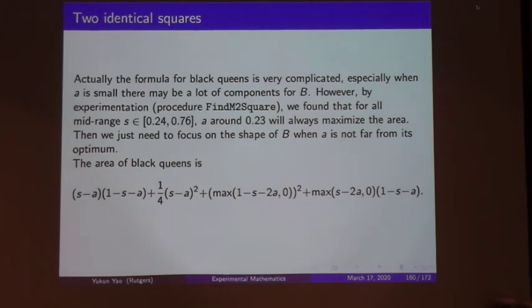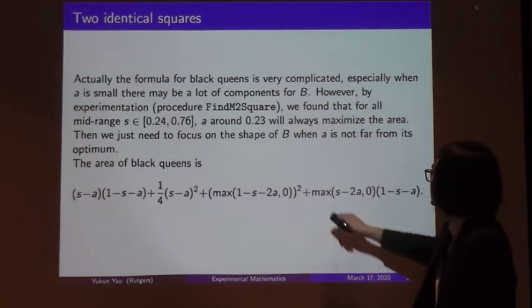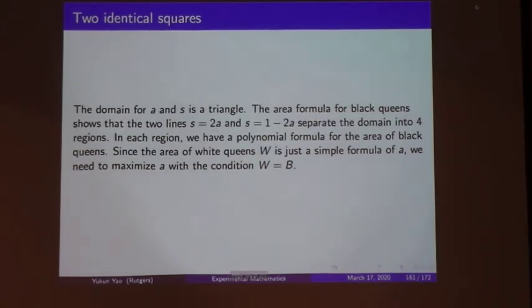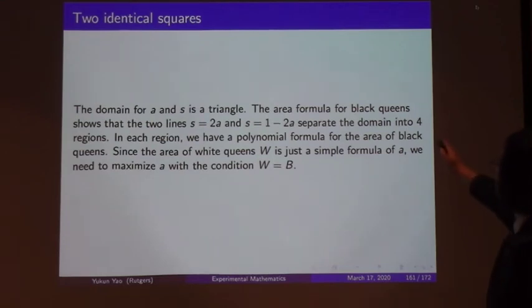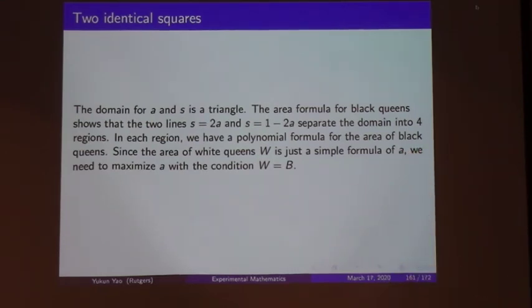So with this information, we just need to focus on the shape of black queens when A is not far from its optimum. Then we have the area of black queens. And since in the area of black queens we have the max function, we want to separate the domain into 4 regions. In each region, we have a polynomial formula for the area of black queens and the white queens. Then we set them equal.